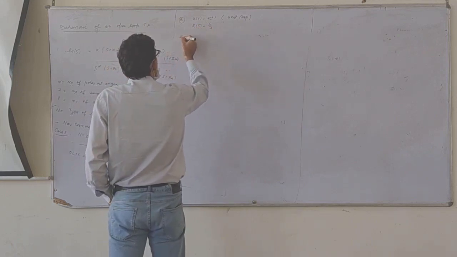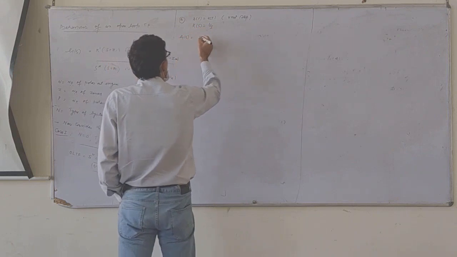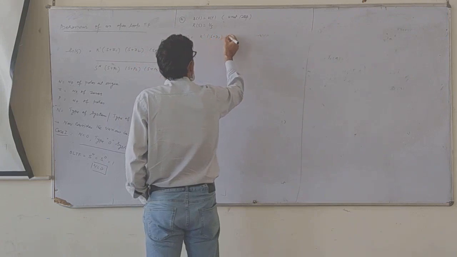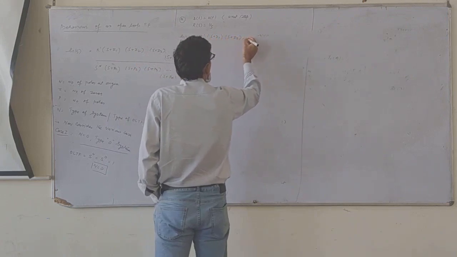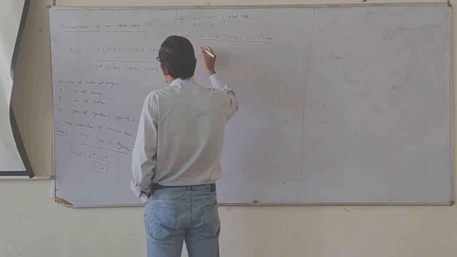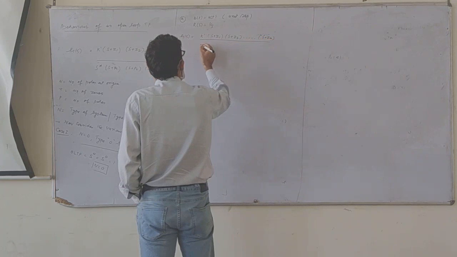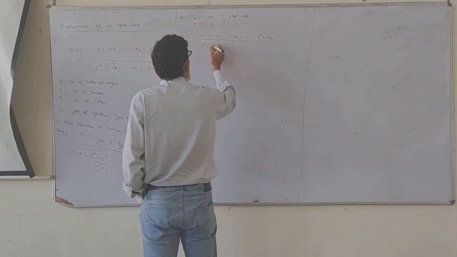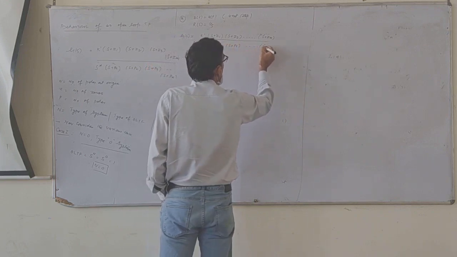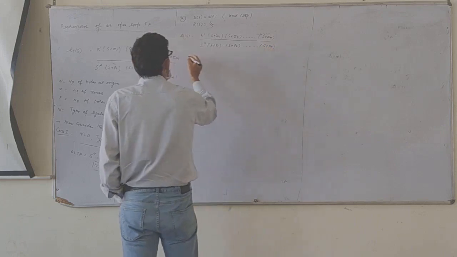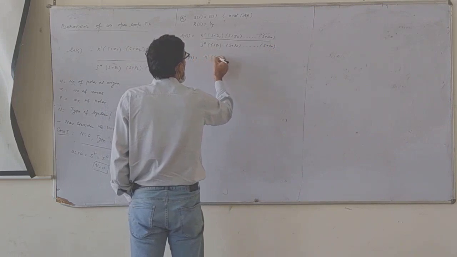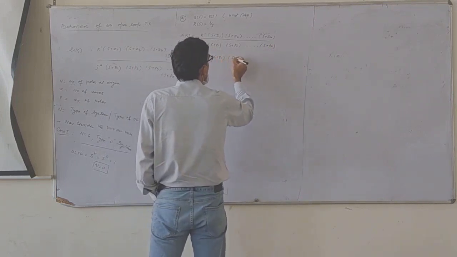So what will G(s) be now? G(s) will be K' (s + z1)(s + z2) and so on up to (s + zm), divided by s raised to the power 0, then (s + p1)(s + p2) and so on up to (s + pn).